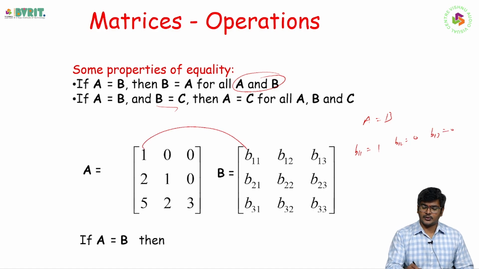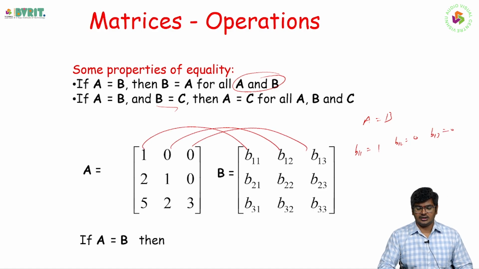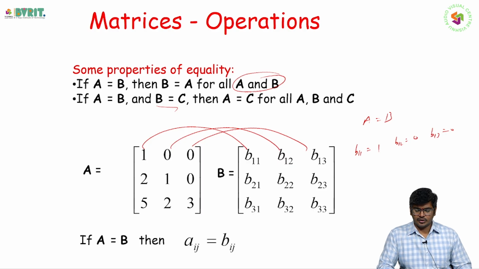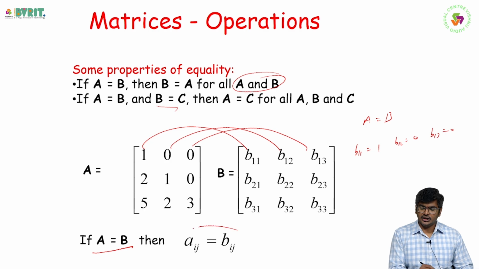That is, the corresponding entries are equal: Aij equal to Bij. If A is equal to B, then the condition is Aij is equal to Bij.